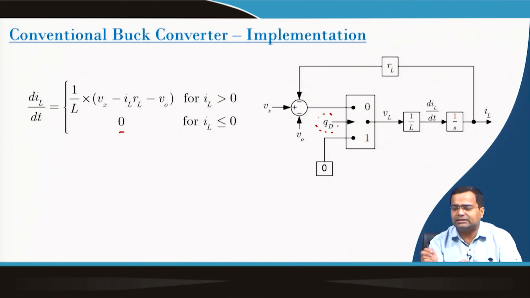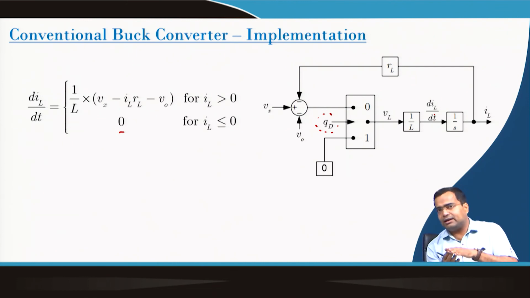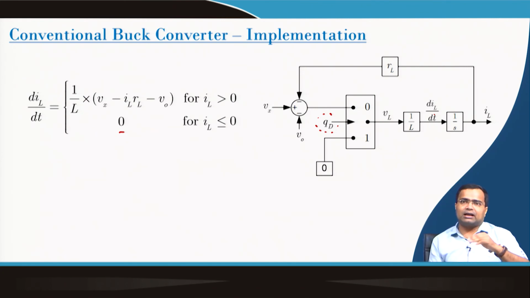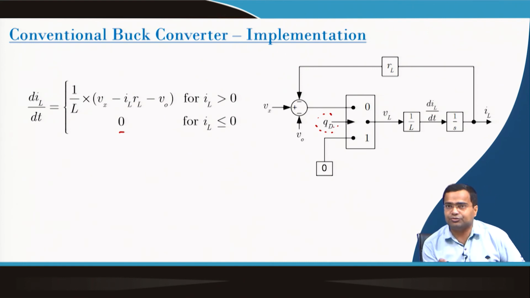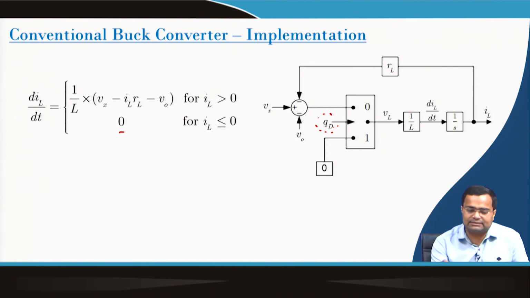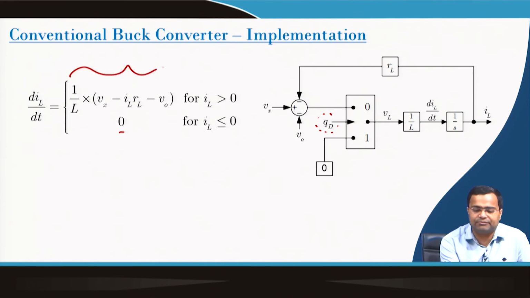If the voltage across the inductor is 0, di_L/dt is 0. So, whenever it hits 0 current, we are keeping the derivative of the inductor current at 0. As a result, the inductor current is 0 and its derivative is 0, so it will remain at 0. When QD is 0, that means off, it takes the earlier value, that means this one, and this is a realization.